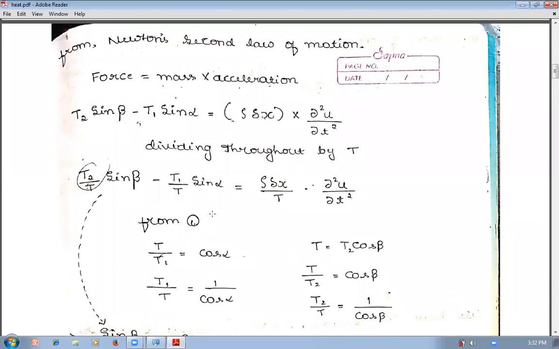From equation 1, we know that T = T1 cos alpha and T = T2 cos beta.